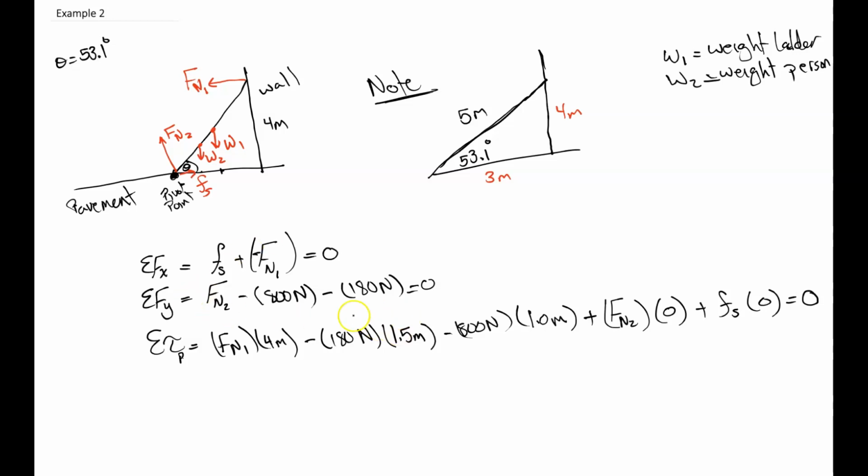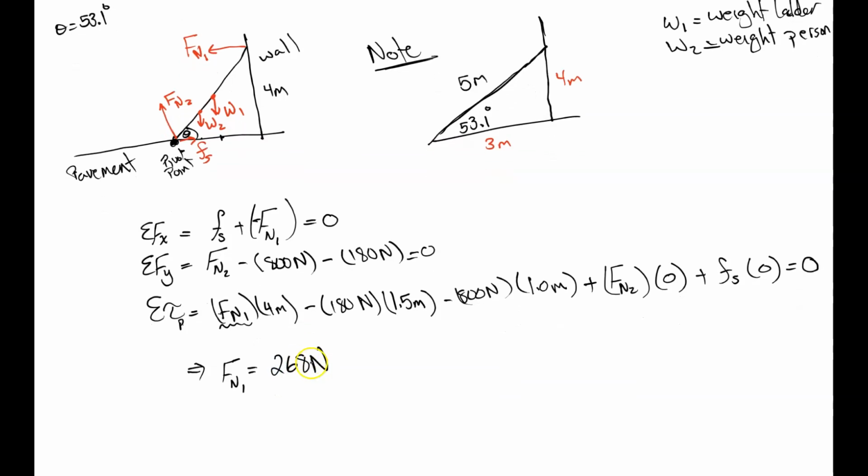Since the only unknown is F sub n1, we can solve this for F sub n1, and we notice that F sub n1 then is going to equal about 268 newtons.